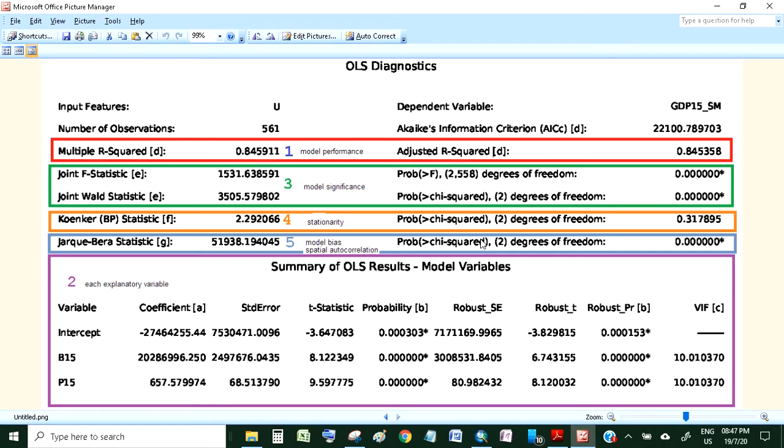That bias shows that something is missing in the explanatory variables. We can see it here, and thereafter in the fifth point it is given with the spatial autocorrelation. So it is clear that this model is biased.